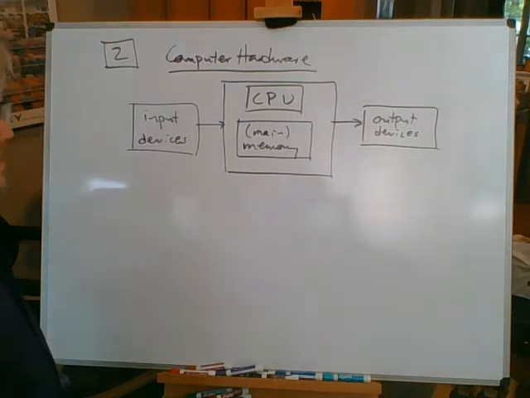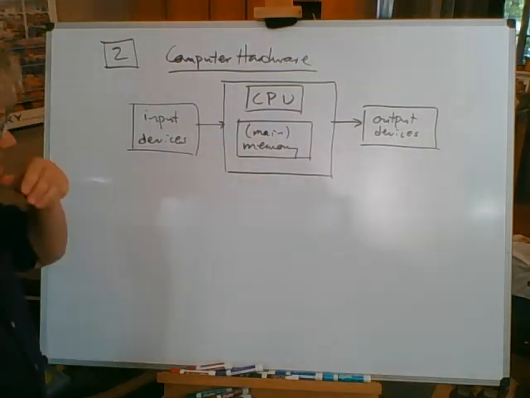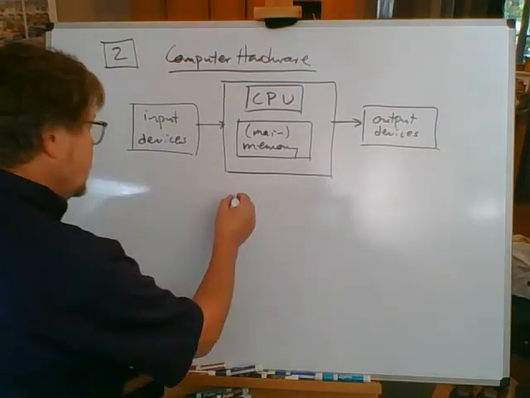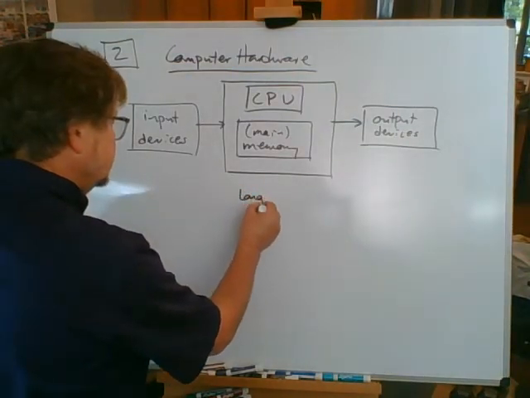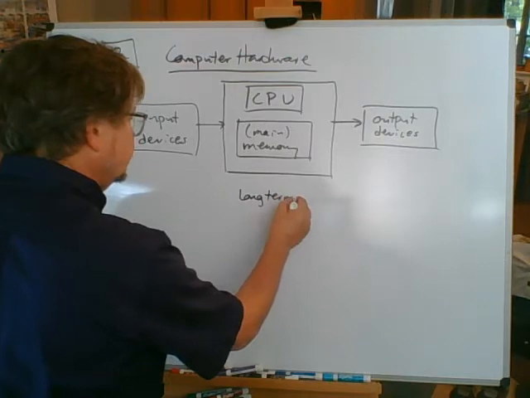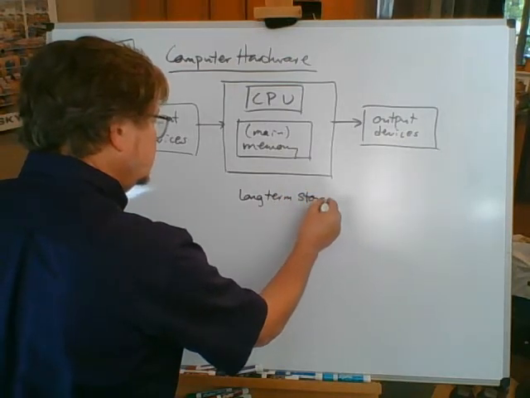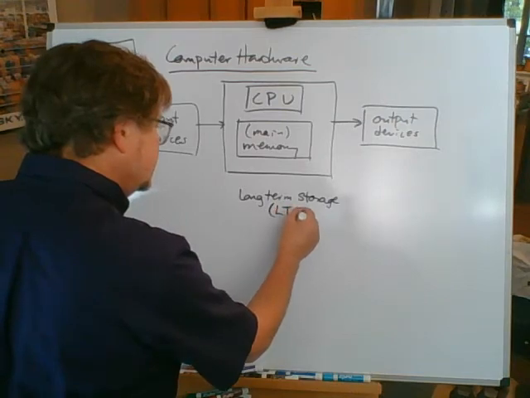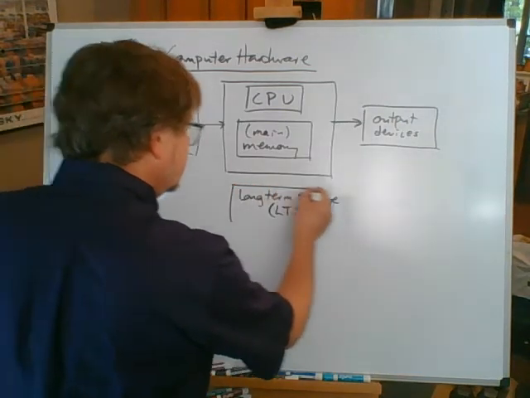Like so. And down beneath the big box, this is going to be sort of a T shape here, we've got long-term storage. It's got its own abbreviation, LTS, long-term storage.